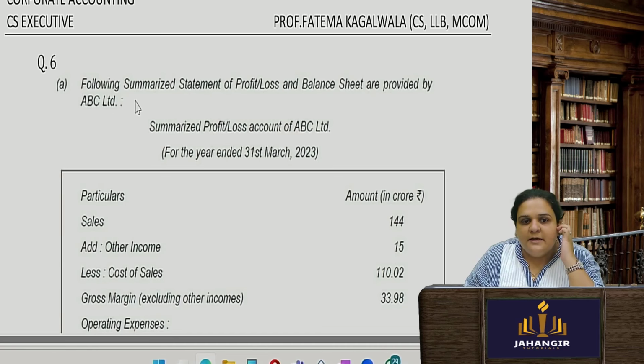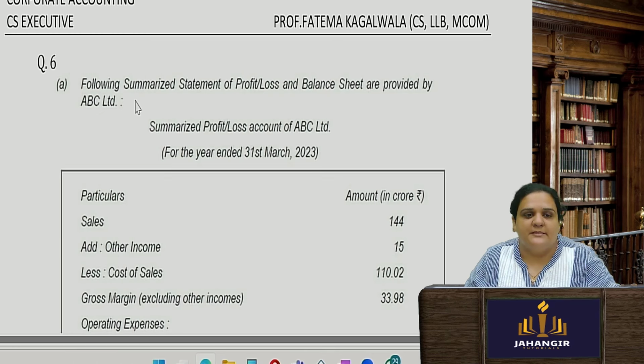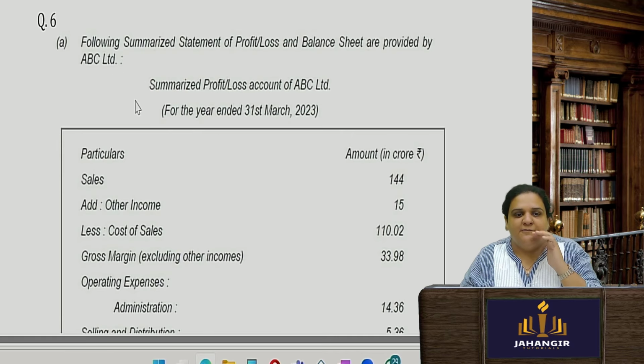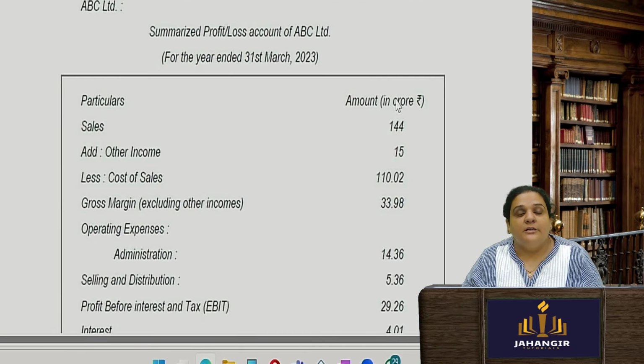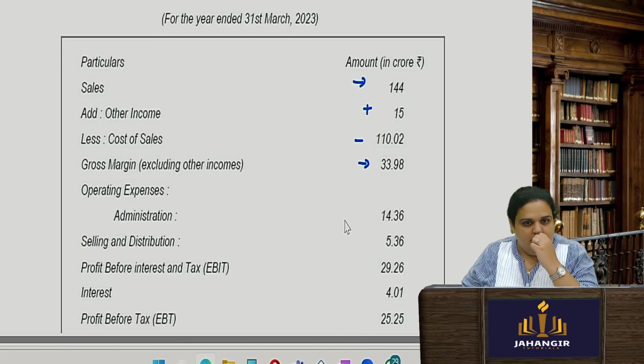Okay, the following summarized statement, P&L and balance sheet, is given of ABC for the year ended 31st of March. Amount in crores. Sales, add back other income, less cost of sales, you get gross profit margin excluding other incomes. Okay, so sales minus cost of sales, they have taken gross profit.